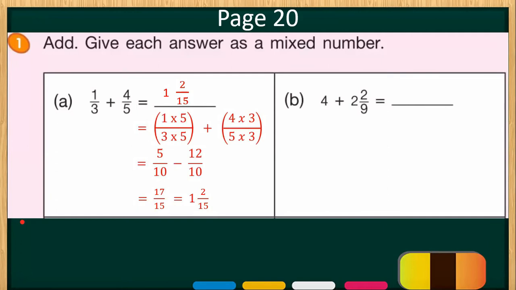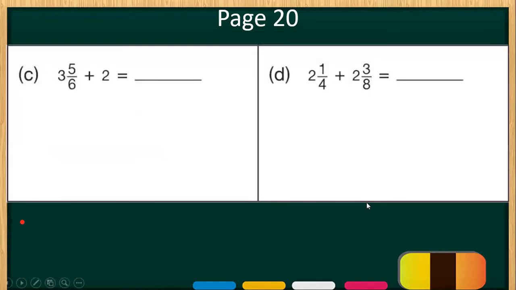Next, letter B, 4 plus 2 and 2 over 9 is 6 and 2 over 9. Let's move on to the next one, letter C and D. Letter C, 3 and 5 over 6 plus 2 equals.